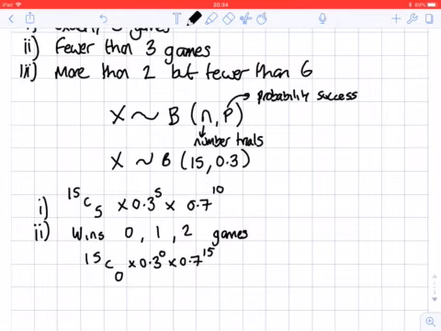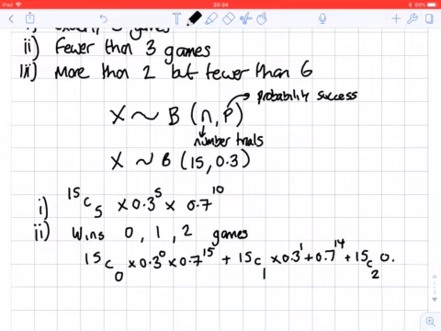Or 1 game, so it would be the ways of arranging 1 game out of 15. This time probability of success is 0.3 to the 1 and 0.7 to the 14. So 1 win, 14 losses. And 2 games, well again, how many ways can you arrange 2 from 15?